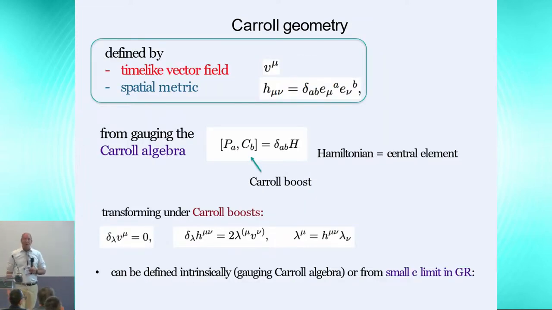What about Carroll geometry? You might have heard a little bit about it also in different contexts. It's sort of the dual object. Essentially you can get it again with the same method I showed you before, by gauging the Carroll algebra. The Carroll algebra has a different type of commutator structure, namely now translations and Carroll boosts commute to the Hamiltonian. And that's how you then get Carroll geometry.